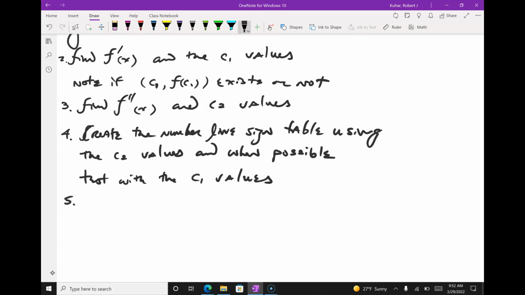Why? Because what I said before, if it's concave down, I could be at the top of a hill. So I'm seeing if my second derivative is positive or negative at the criticals of the first derivative.